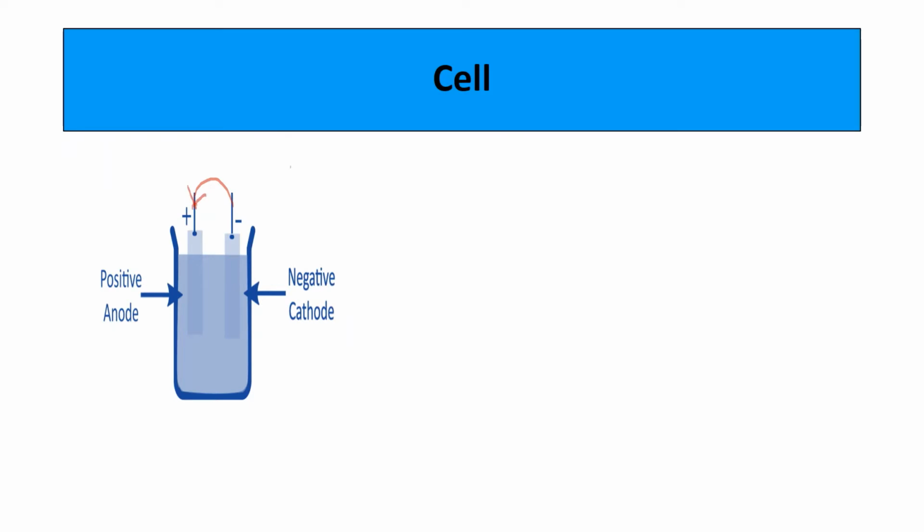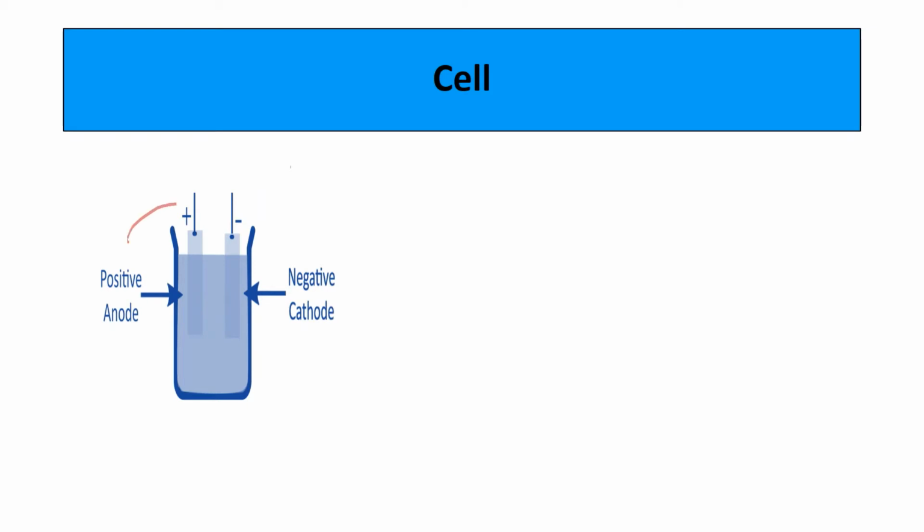In the external part, the electron flow is from the negative terminal to the positive terminal. If you consider the internal part, it is from the anode to the cathode. The electrons are flowing from anode to cathode.